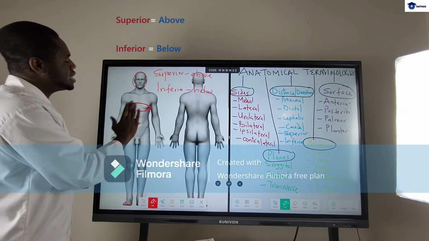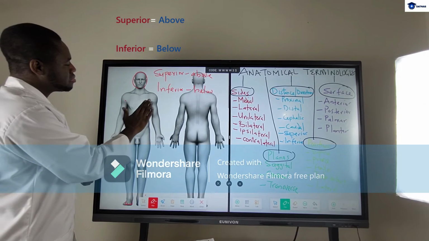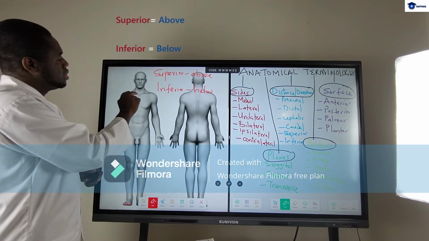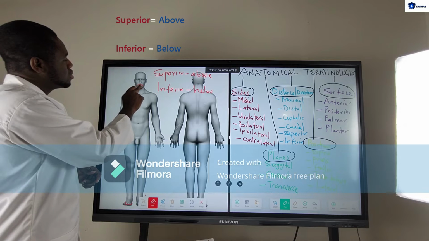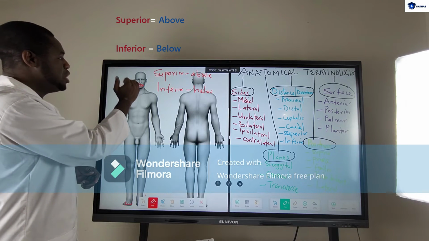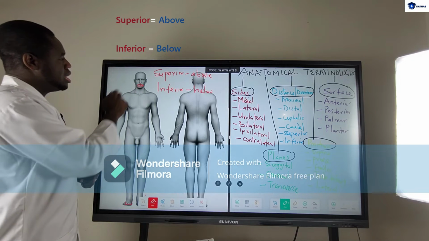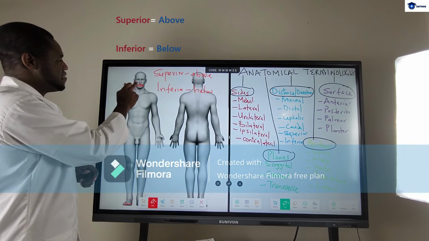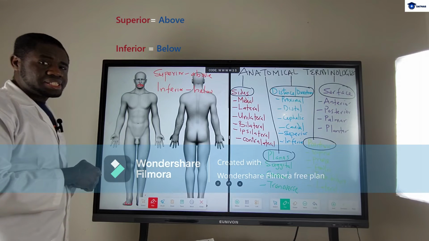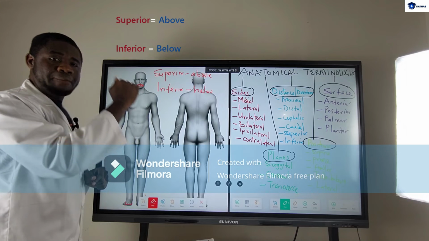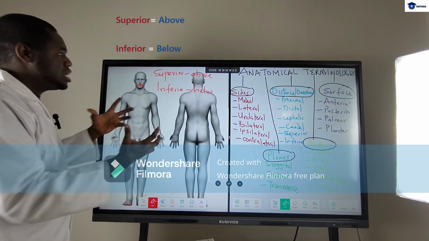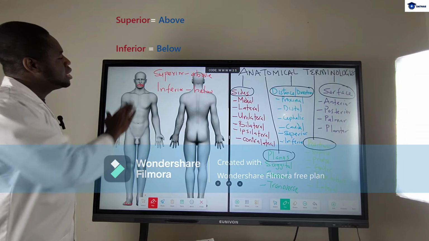So if I say that the mouth is inferior to the nose, that is, the mouth is below the nose. If I say that the nose is inferior to the eyes, what I'm saying is that the nose is below the eyes. Now let's use these two terms together.